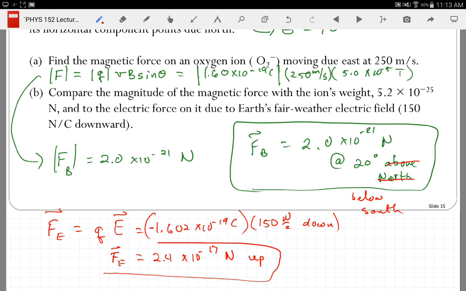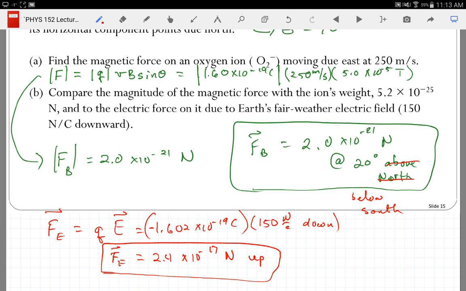So in this case, the electric force is actually about 10,000 times stronger than the magnetic force. I believe we did all the calculations correct here. It looked right. So when you're looking at this, you would say the electric force is going to be the most important force on this oxygen ion because it's moving relatively slowly.